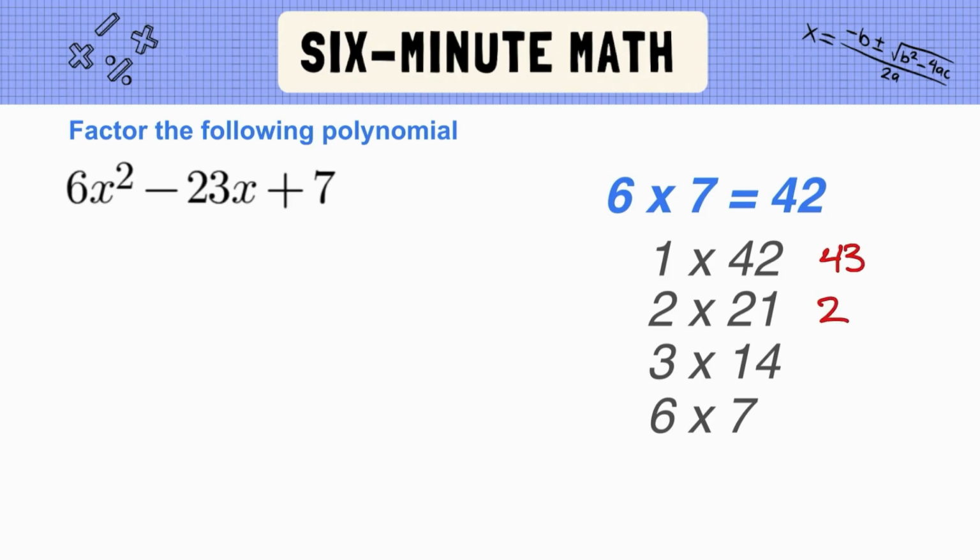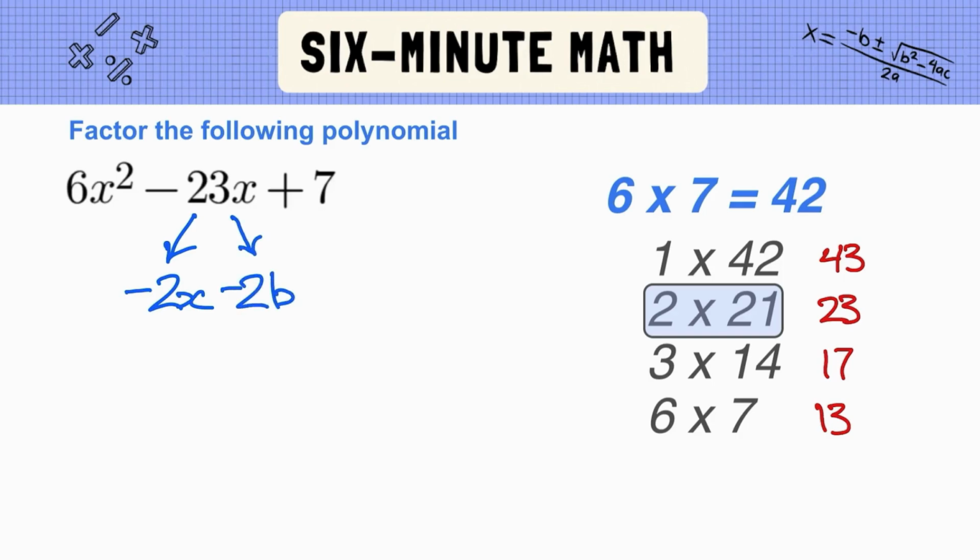We have 43, 23, 17, and 13. I'm looking for 23, which tells me that 2 and 21 is what I'm going to split my term into. This is going to be negative 2x and negative 21x.